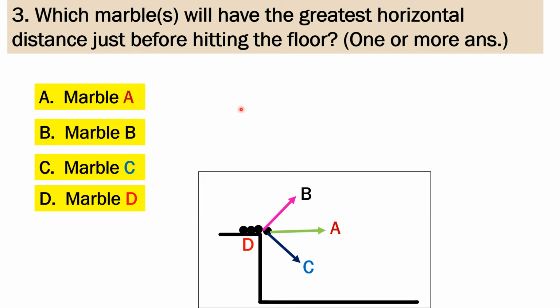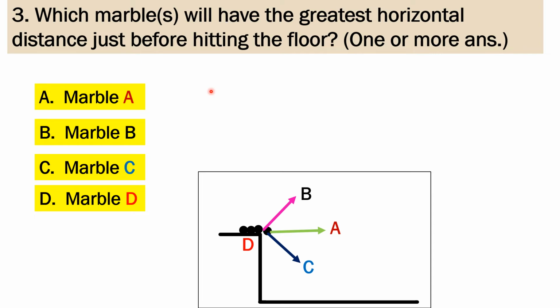Okay. There's an additional question regarding the motion of marbles A, B, C, and D. We want to know which among the four marbles will have the greatest horizontal distance.